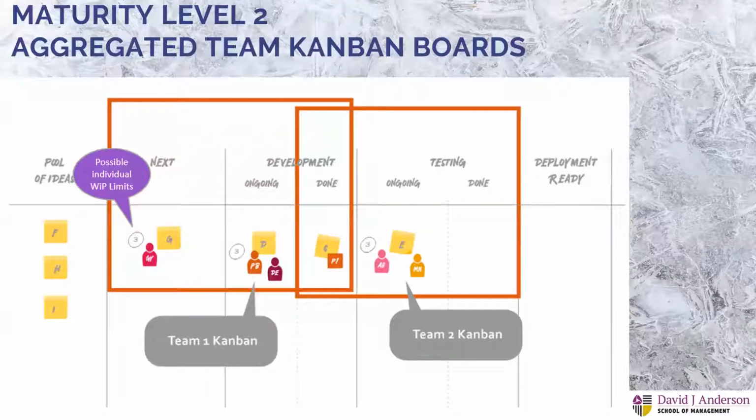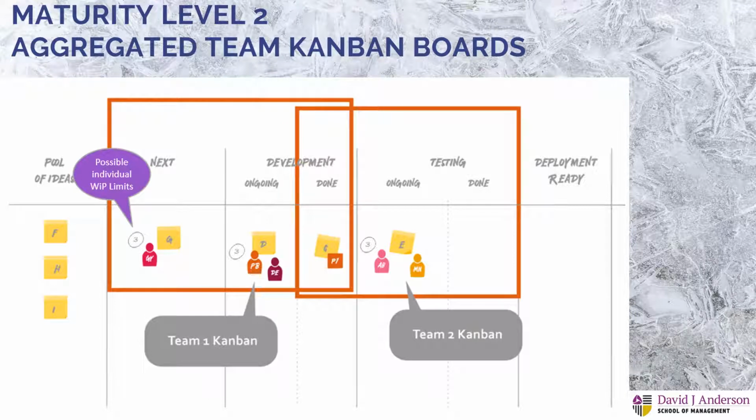Maturity level 2. What you can see here is the board, which represents the transition between maturity level 1 and 2. And what you can see here could be represented as 2 separate boards. So there is a pool of ideas, next, ongoing, and done, which is one board. And the other one is the pool of ideas, done, ongoing, and done for testing.